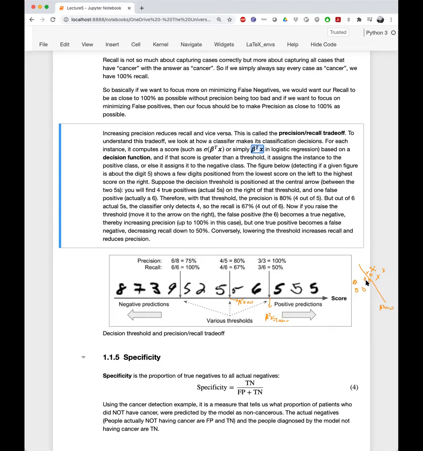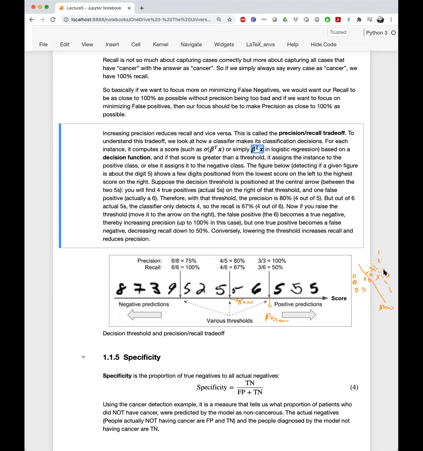So around this boundary, you will see a lot of misclassified cases. But how can you make sure you have more precision? That means you predicted the cases as positive and they're truly positive. You can move this line to here, for example. There are more crosses here, and you can see the precision is actually increased because all of the cases are crosses, they're positive cases.